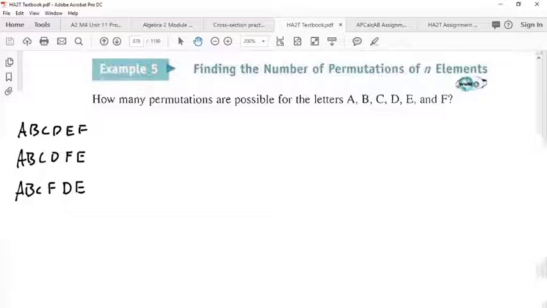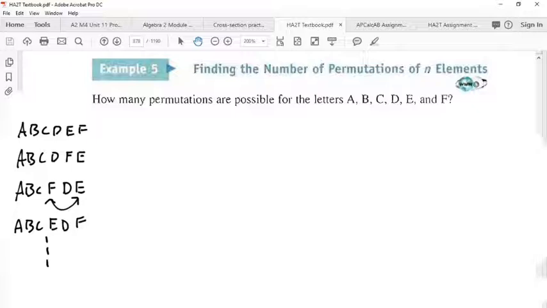But I could switch these two. So A, B, C, E, D, F. These are all different, right? And we're not even close to listing all of them. This will take a long time. We need to come up with a better way of figuring this out.